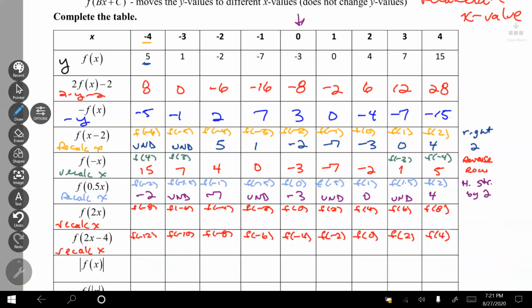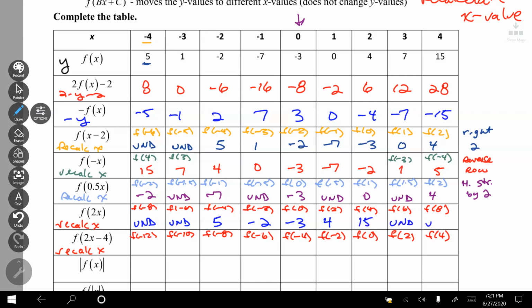So the next 2 rows, I realize I have to recalculate x's because there's something inside the parentheses with the letter x. And I wrote it all out, and f of negative 8, not there. F of negative 6, not there. F of negative 4, oh, that's 5. Negative 2, negative 2, 0, negative 3, 2 is 4, 4 is 15.